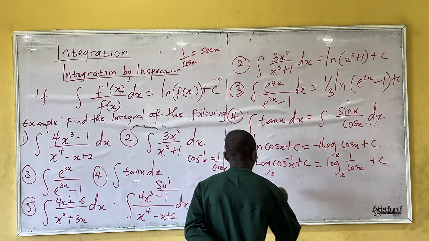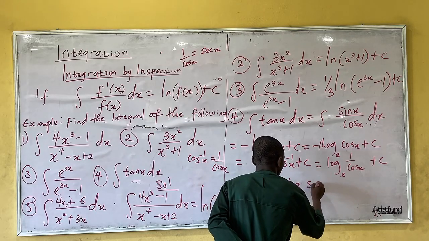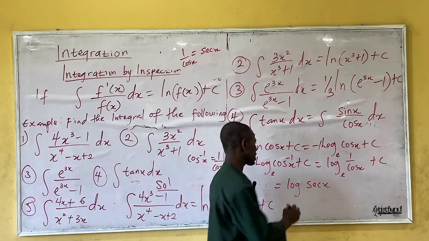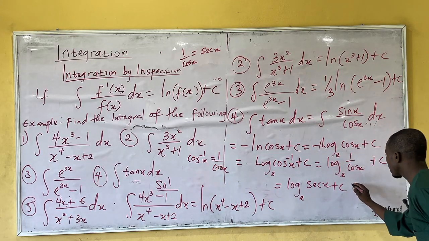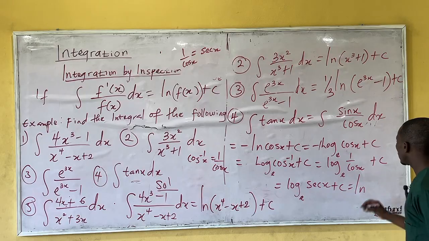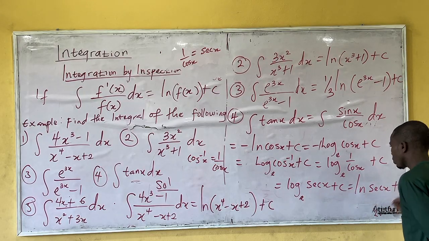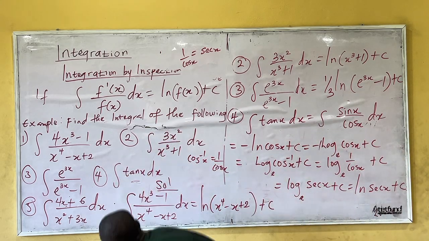So the final answer will now be log of sec x base e plus C. Or if you like, you can just write your answer as ln of sec x plus C. That is the answer for question number 4.